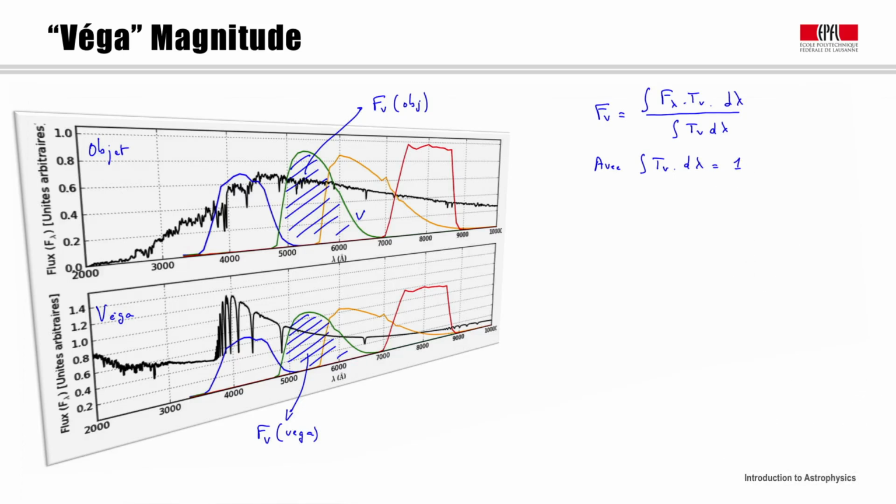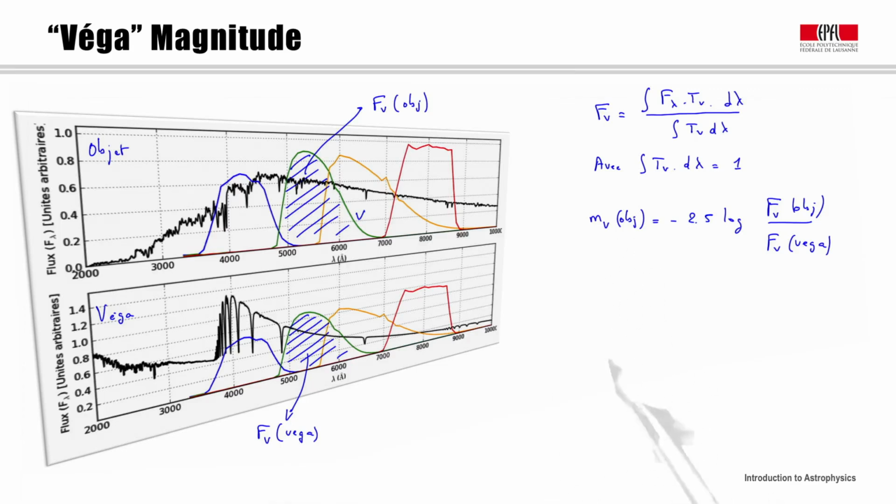Now the flux will be rescaled in function of Vega, which means that the magnitude in the V filter of our object will be minus 2.5 log of the flux in the V band of the object, rescaled to the flux in the V band of the Vega star. So this flux divided by this flux, we take the log times minus 2.5 and we have the magnitude of our object.